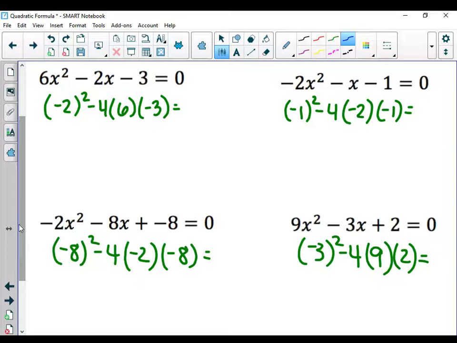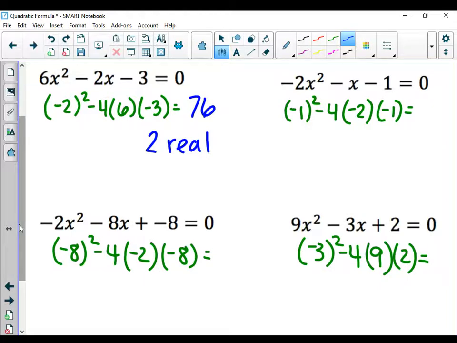So the first one, if someone could tell me the discriminant and how many and what type. The discriminant is 76 and there are two answers. Two real, okay? So I want y'all to be specific on real or imaginary. Don't leave that out. Good.